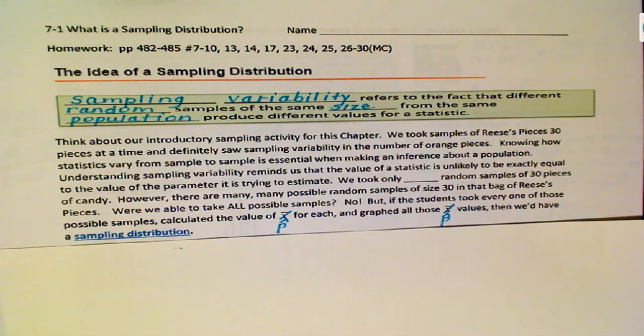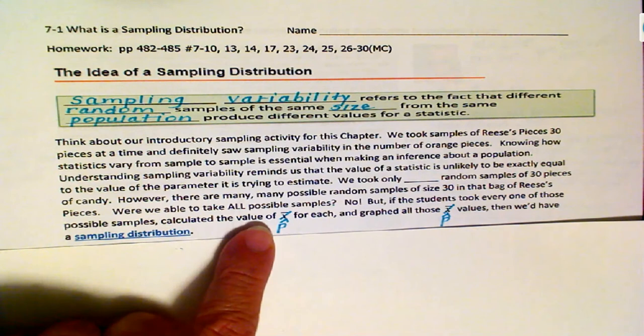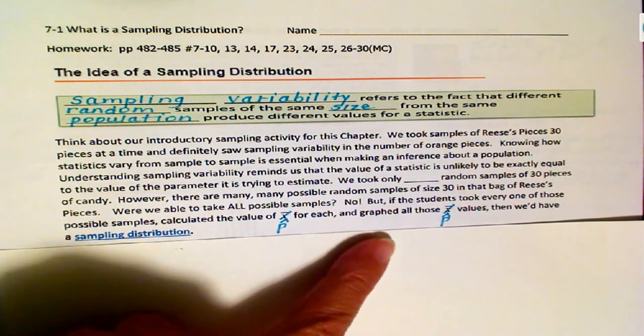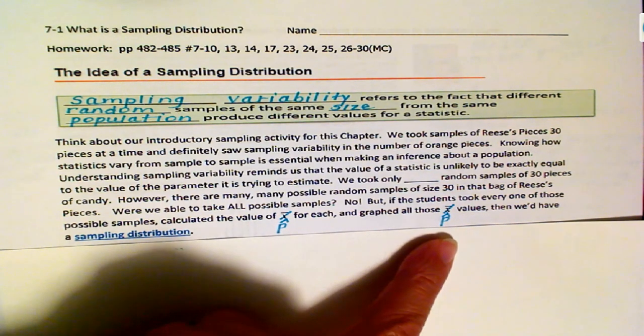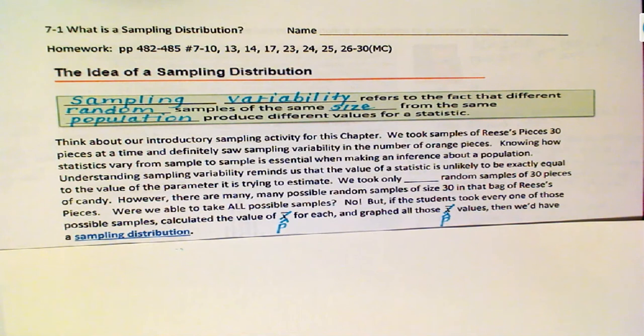No. But if the students took every one of those possible samples and calculated the value of p hat (that's a typo there, because we were finding the proportion of orange pieces of candy, not the mean), and we graphed all of those p hat values, then we would have something called a sampling distribution, which is the main focus of this section.